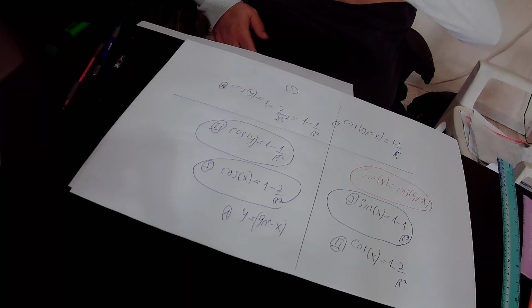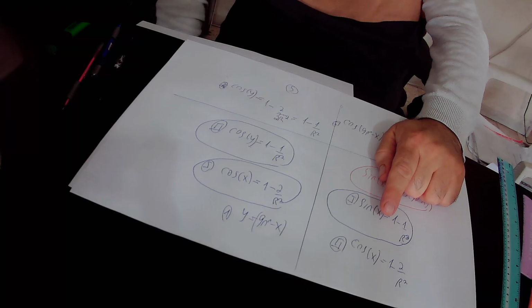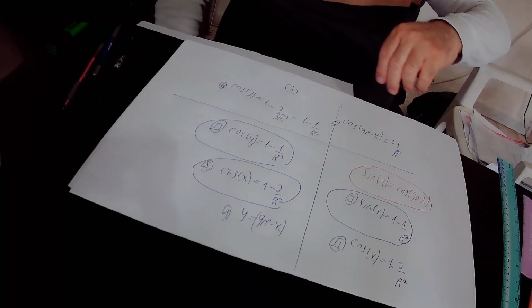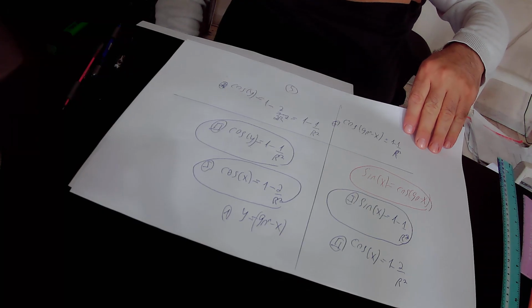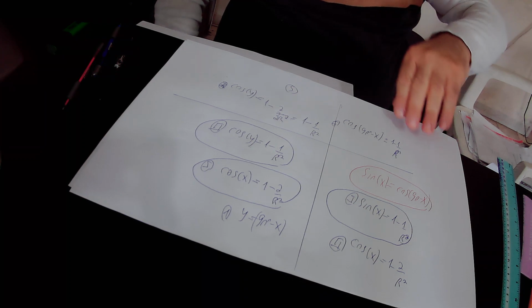This is according to equation 1. But according to equation 2, we found that cosine x equals 1 minus 2 over r squared. So we have two expressions for sine x and cosine x.